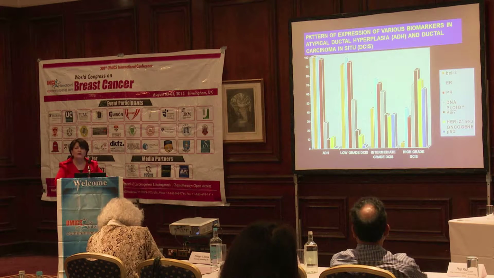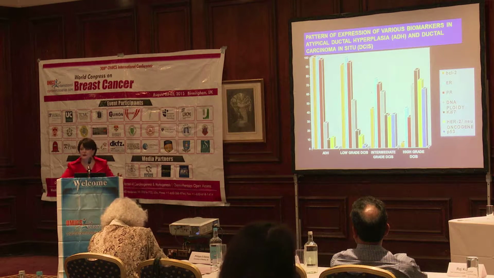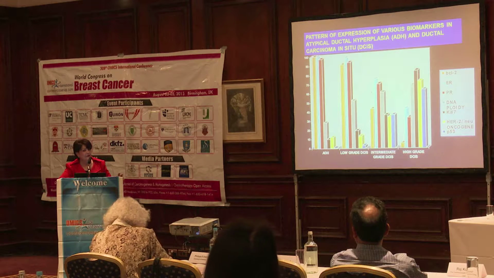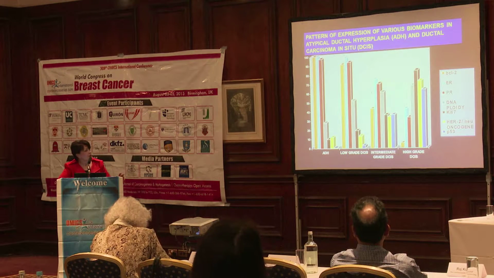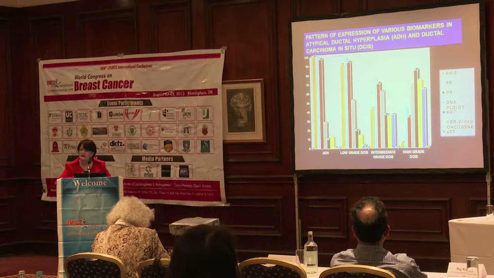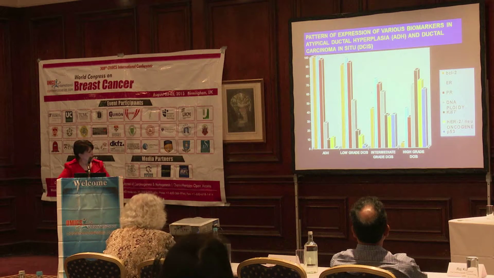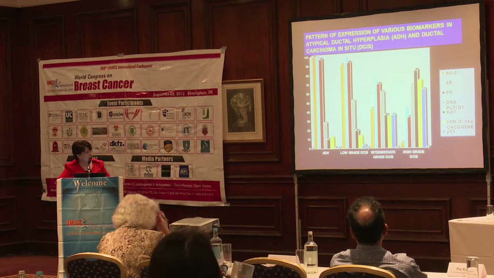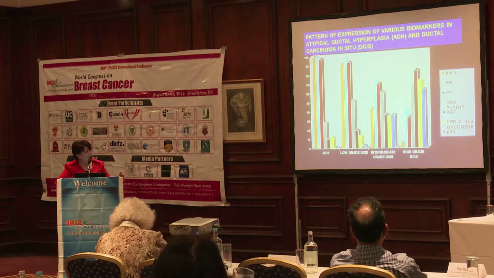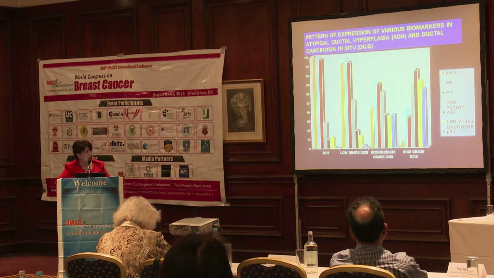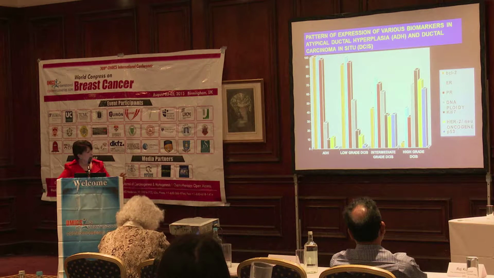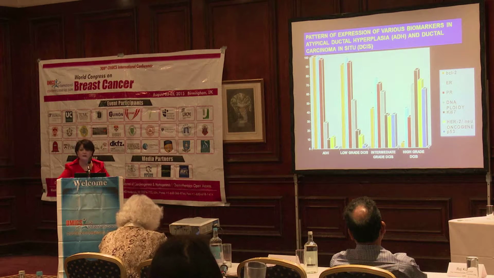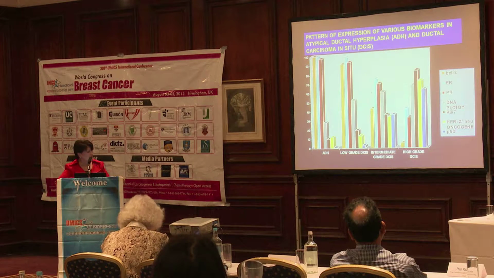We did a study some years ago to try to say that, okay, if morphologically we have difficulty making this distinction, what if we do some biological studies and see in simple terms whether they can help us? So this is a study that we did, and we looked at a couple of biomarkers like BCL2, ER, PR, DNA haploidy, Ki67, HER2/oncogene, and P53, and applied them to atypical ductal hyperplasia, low-grade DCIS, intermediate and high-grade DCIS.